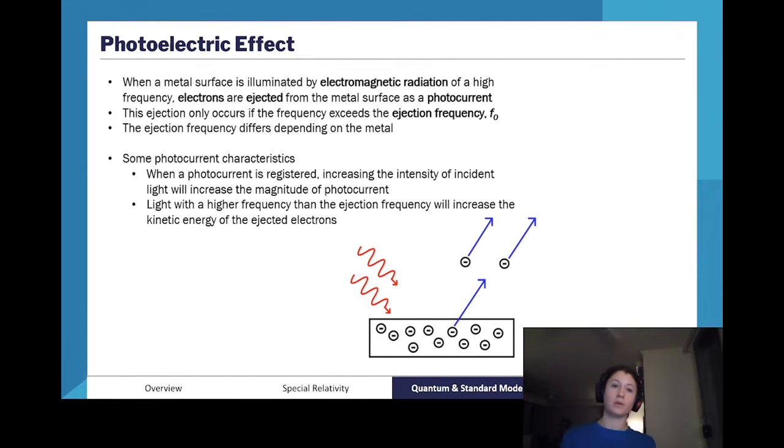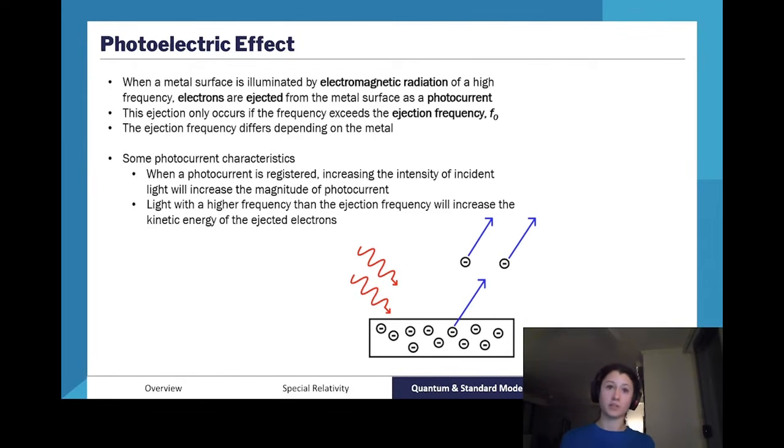So, when a metal surface is illuminated by electromagnetic radiation, essentially light, remember light is electromagnetic radiation, of a high frequency, electrons are ejected from the metal surface as a photocurrent. This ejection only occurs if the frequency exceeds the ejection frequency f0. The ejection frequency differs depending on the metal.